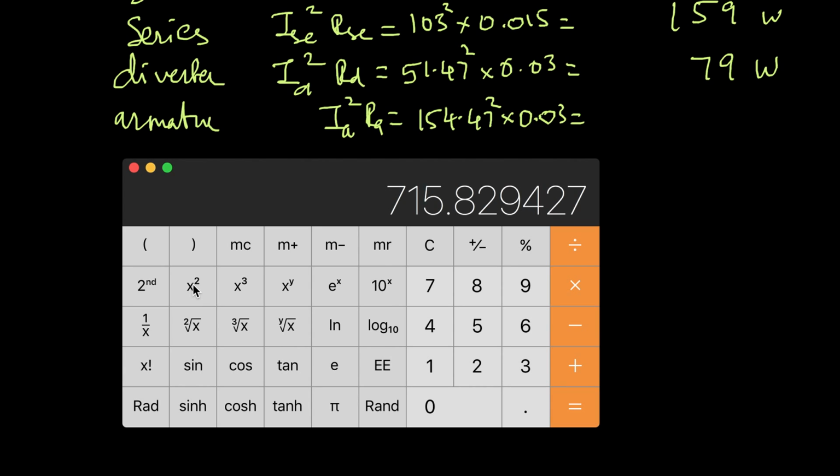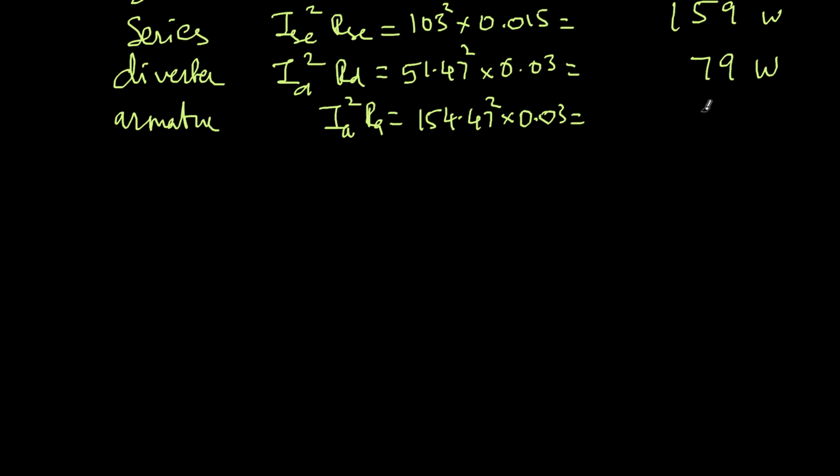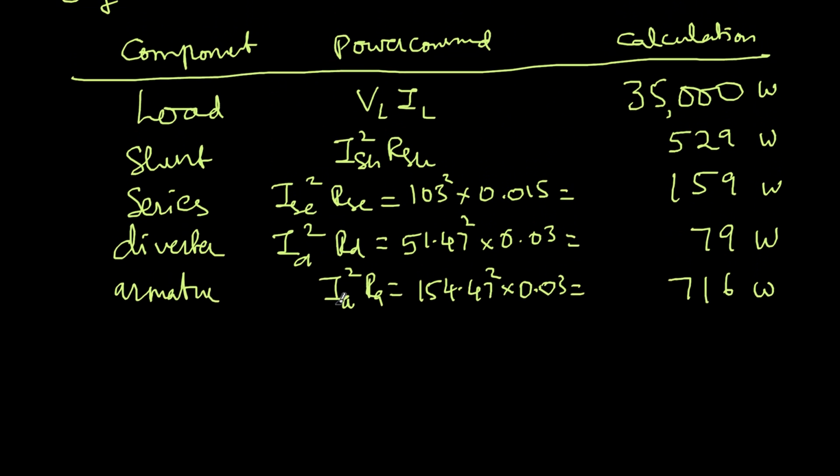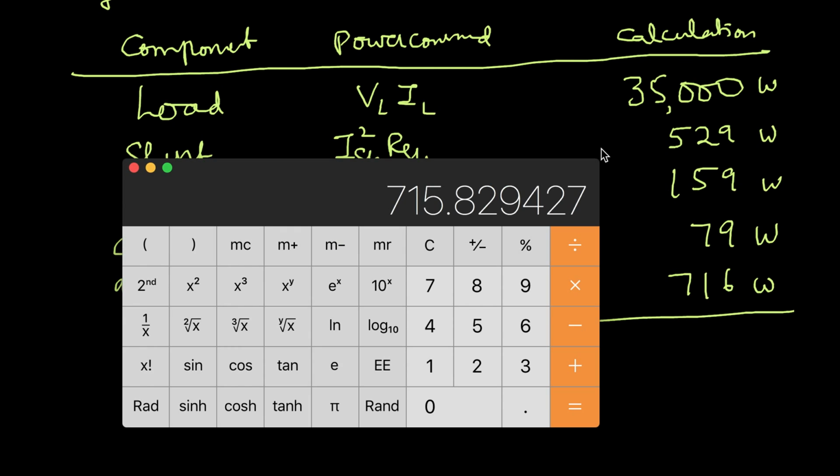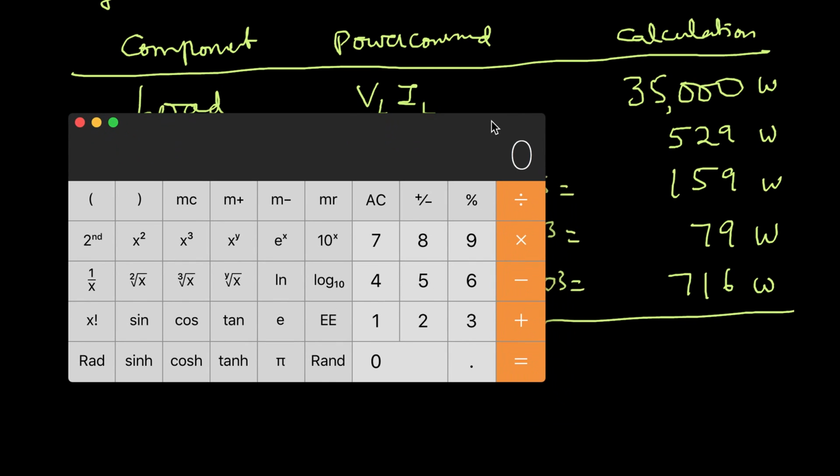So 715.8, or I'll round it off to 716 watts. So these are all the components where the power is being consumed. So let's add this: 35,000 plus 529 plus 159 plus 79 plus 716. So it is 36,483.